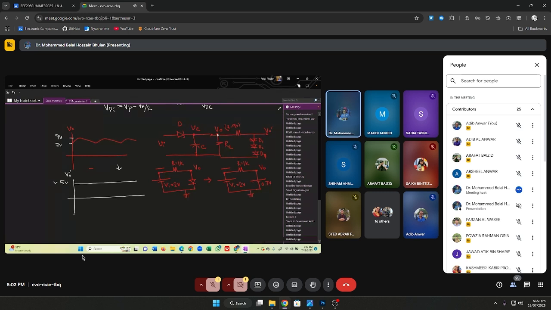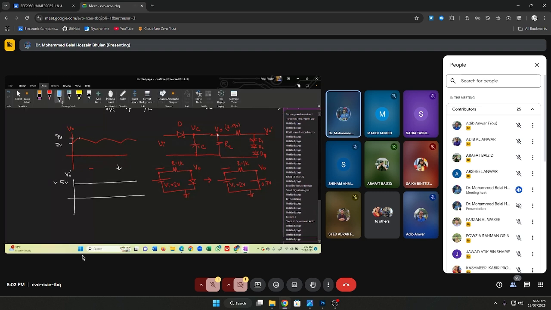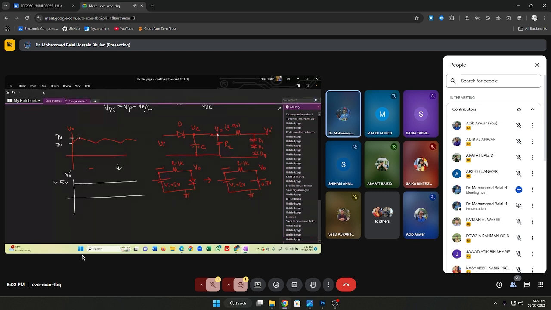At 9 volt, all the diodes are forward biased. If they are forward biased, corresponding to this value we get 5 volt, or 4.9 volt to be precise.